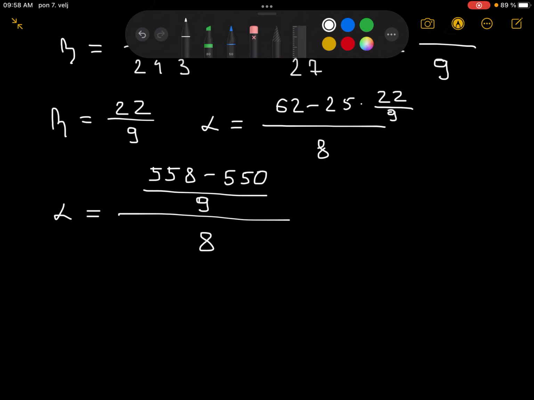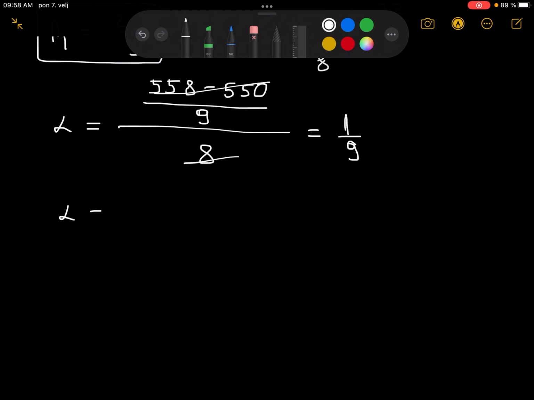Okay, so this is basically the same as 8, so this and this can cancel out, so alpha is equal to 1 over 9. Okay, so beta is equal to 22 over 9, and alpha is equal to 1 over 9.